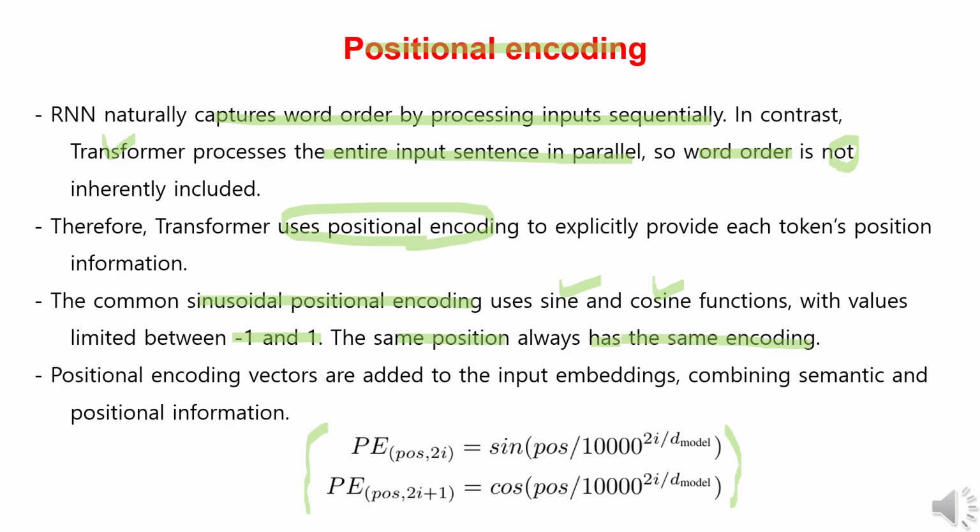The resulting positional encoding is added to each word's input embedding, allowing both semantic information and positional information to be represented together. Importantly, the positional encoding is designed to be small relative to the embedding values, so that it does not excessively distort the meaning of the word embeddings.